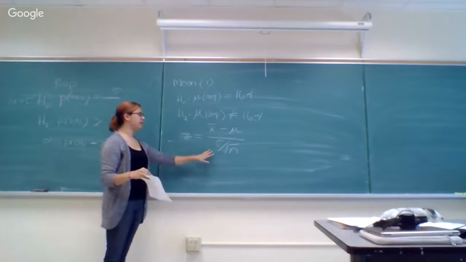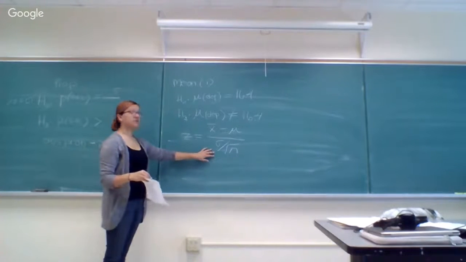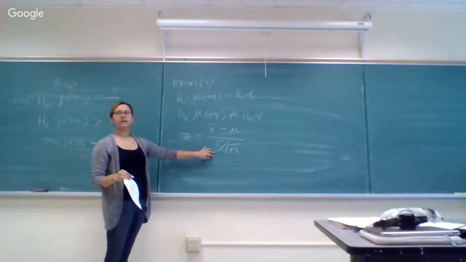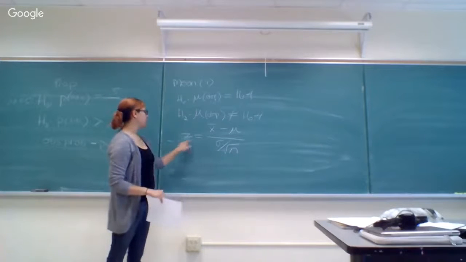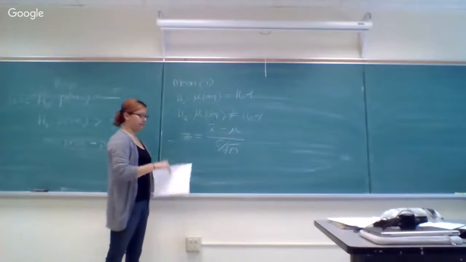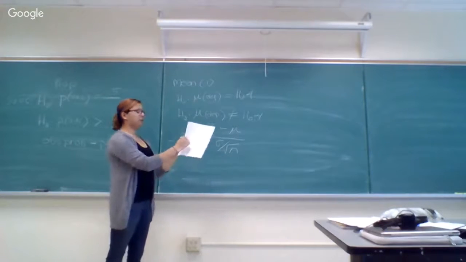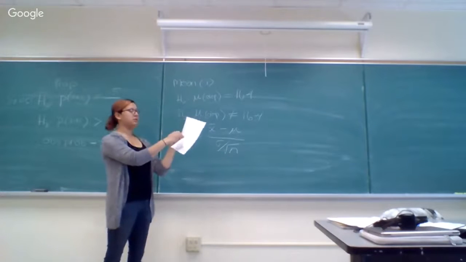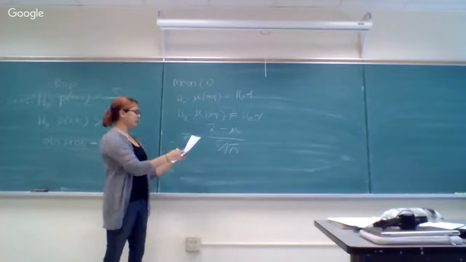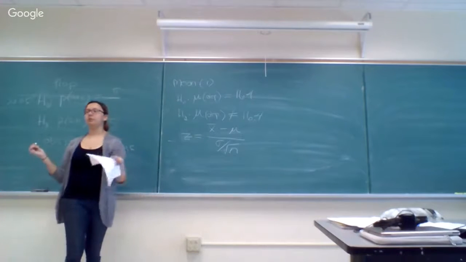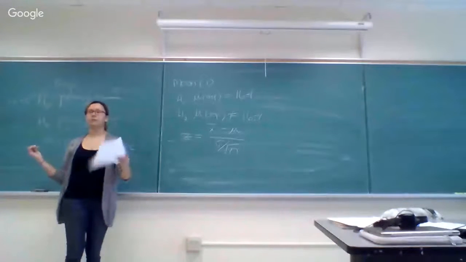So this is the same as the Z score you learned back in whatever unit. You find your Z value, and you're given a little chart in your formula sheet that tells you what your cutoff point is. If you have a laptop, you can pull it up off Moodle.